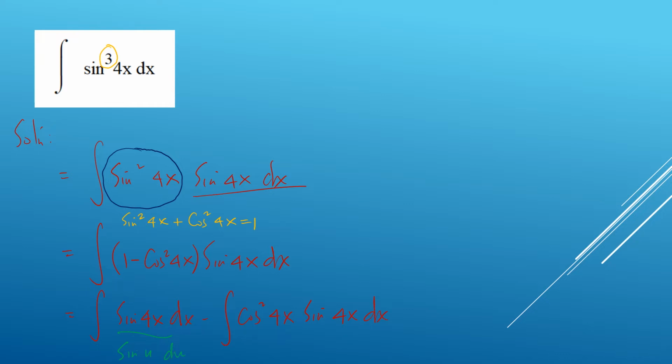We only have to introduce the constant 4 so that we can complete the differential of 4x, which is 4 dx, and multiply by 1/4. The integral of sine u du is negative cosine of u, so we get 1/4 times negative cosine of 4x.